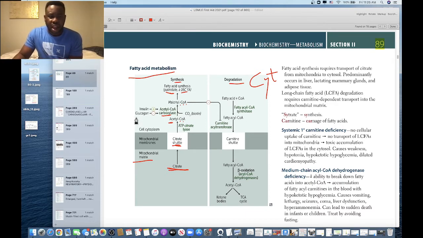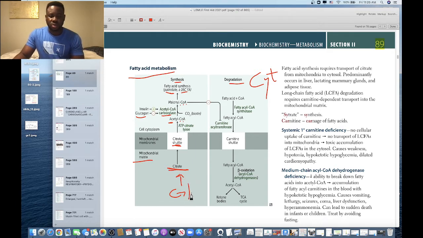But in the hunger state, glucagon will be released, and we don't want to be using the glucose to make fat. We are wasting it. We have to inhibit it so that the glucose can stay, and we can use it to make energy for other cells.